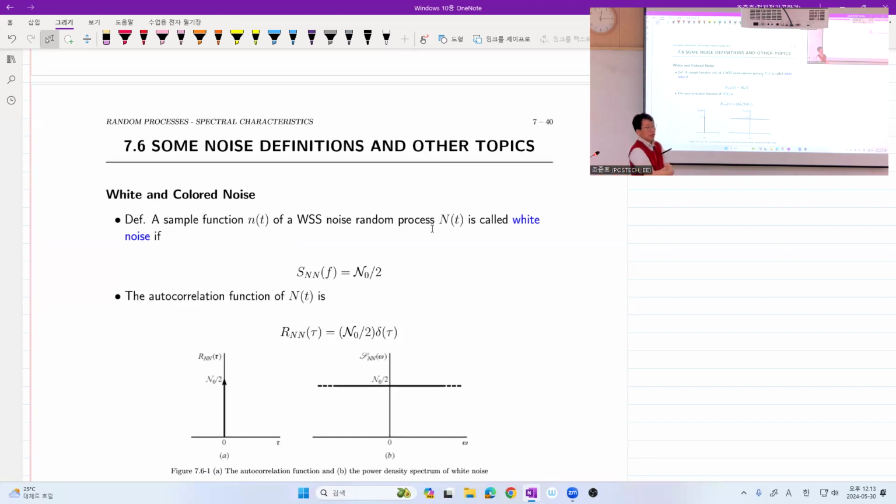And the problem is that we need to define white noise, because there exists some noise process in the RF component. What is that? In the receiver of the radar, after transmitting, it receives, right? We have a so-called low noise amplifier. Our signal is too weak to drive our circuit, so we amplify the signal.